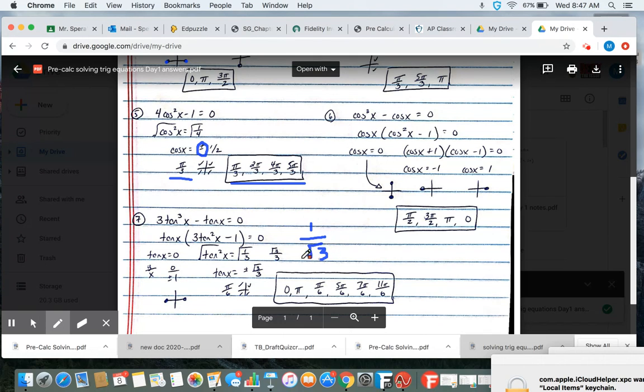That's where I knew it was root 3 over 3. Then I asked, what special angle has a tangent of root 3 over 3? That's pi over 6. So my answers were 0 and pi, because y had to be 0 and x could be plus or minus 1, and all of the angles that have denominator 6.